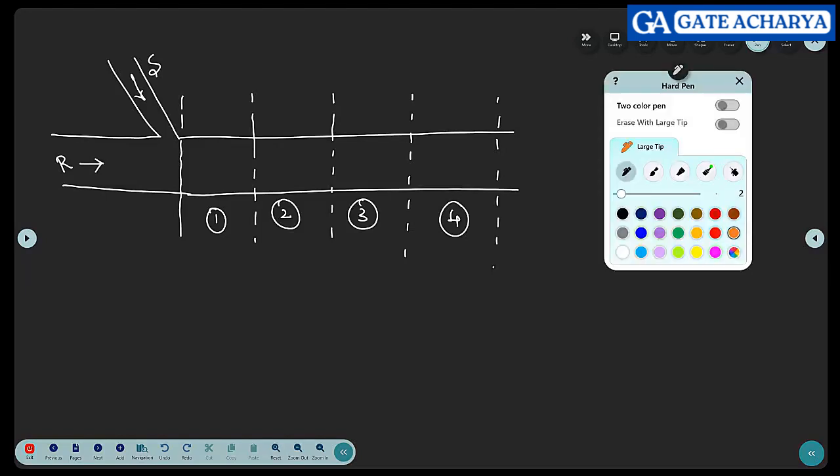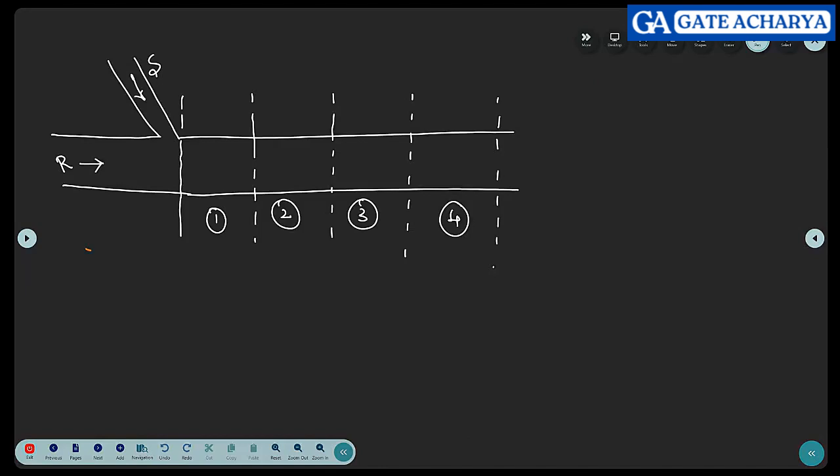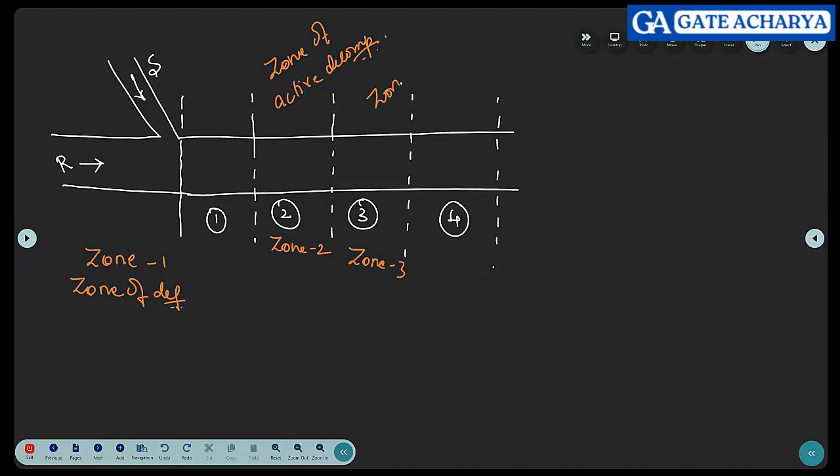Zone 1 is a zone of degradation. Zone 2 is a zone of active decomposition. Zone 3 is a zone of recovery. Zone 4 is a zone of clean water.